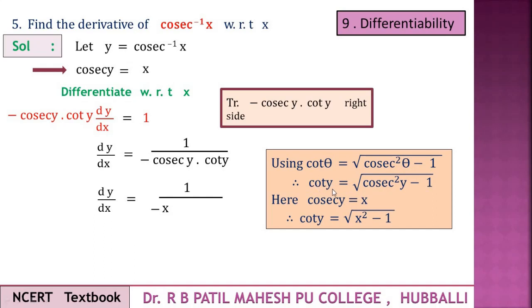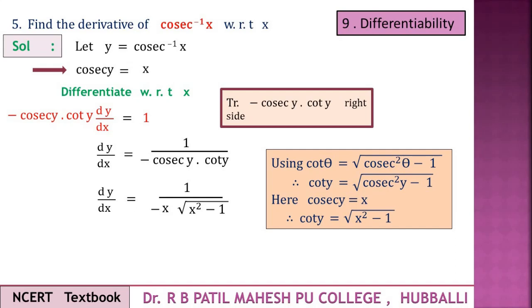So cot y means root of cosec square y minus 1. Cosec y is x, so the function becomes root of x square minus 1. Even using the triangle method, you can find cot y. Now I replace it, and it becomes root of x square minus 1.